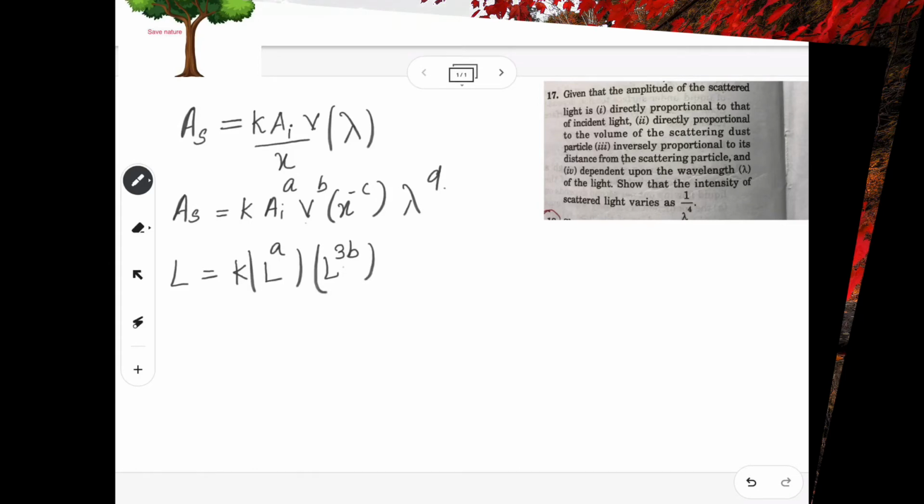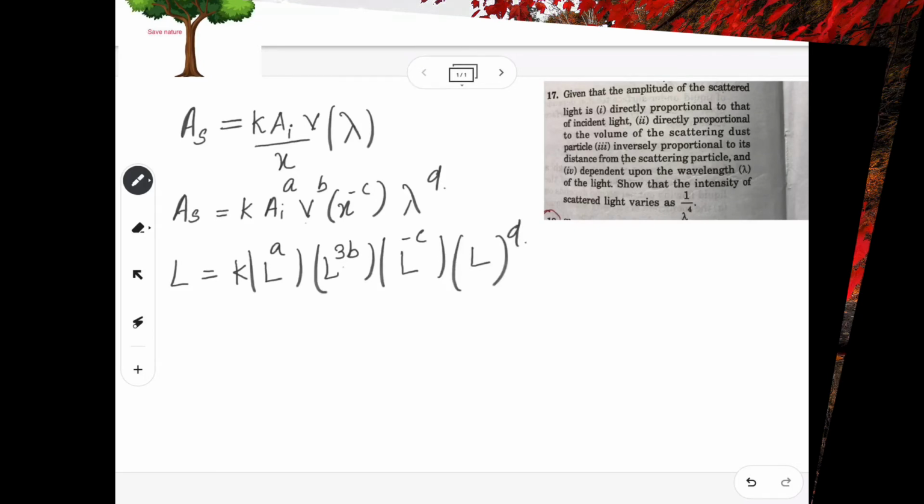Next, x is displacement or distance, it has a dimension L, so L raised to minus C will be coming. Next, lambda is a wavelength, and its dimension will be L, because length, simple thing.